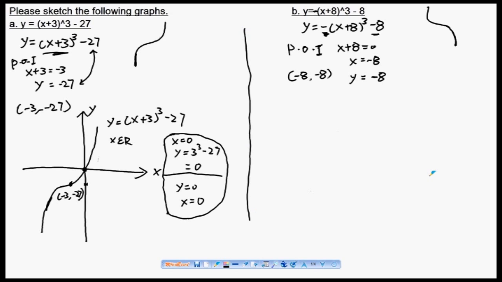Now let's sketch the graph. This is x, this is y. At this point is our point of inflection. If the graph goes this way, let's just draw it.